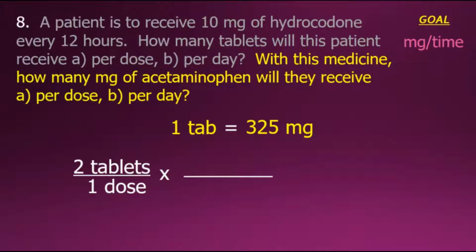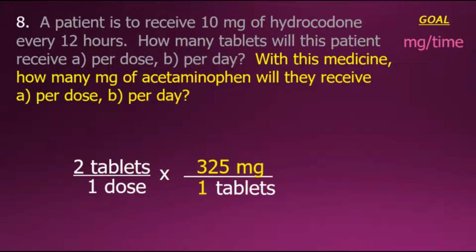So to cancel out the current unit in tablets, we'll place tablet factor in the denominator, its equivalent amount of acetaminophen in the numerator, which allows us to cancel out tablets common to the numerator and the denominator. We now have our answer in milligram per dose. We'll perform the multiplication and simplify, giving us 650 milligrams per dose.